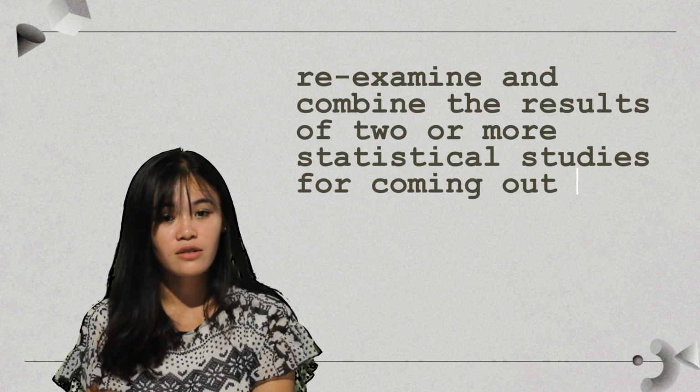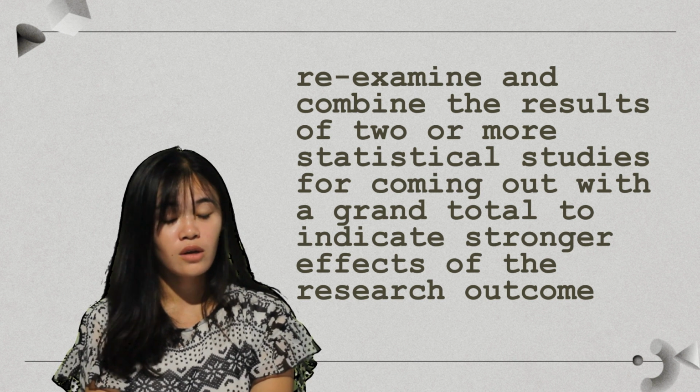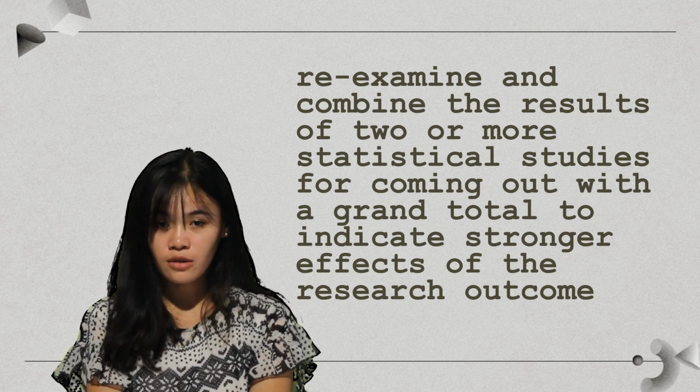Meta-analysis is a kind of review of related literature in which you examine and combine the results of 2 or more statistical studies to come out with a grand total to indicate stronger effects of the research outcome. Putting the results together and making them appear as one result works to strengthen whatever impact the independent variable has on the dependent variable.